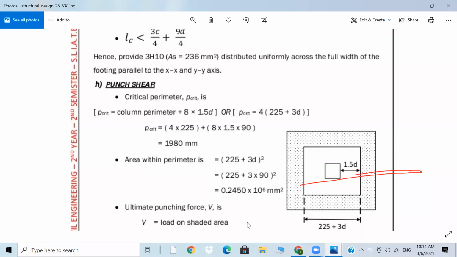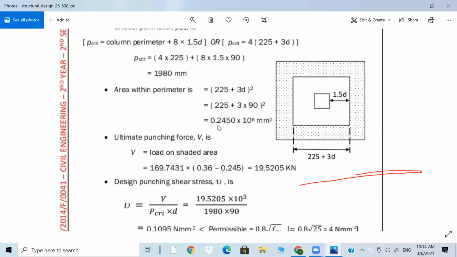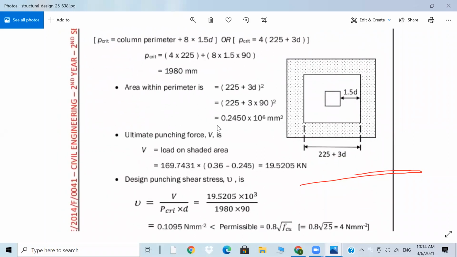The ultimate punching shear load is divided by the shaded area, the 169.75, the 0.36 minus 0.245. The total area is 0.6 into 0.6. That's why here the 0.36 is coming.